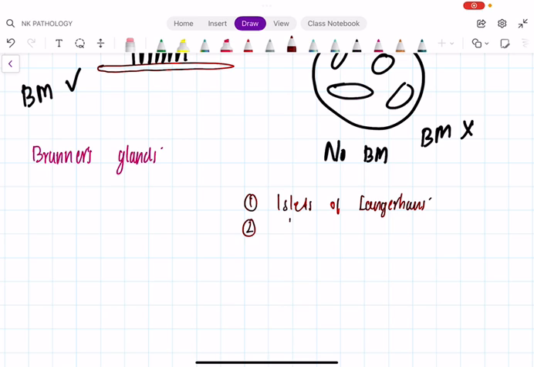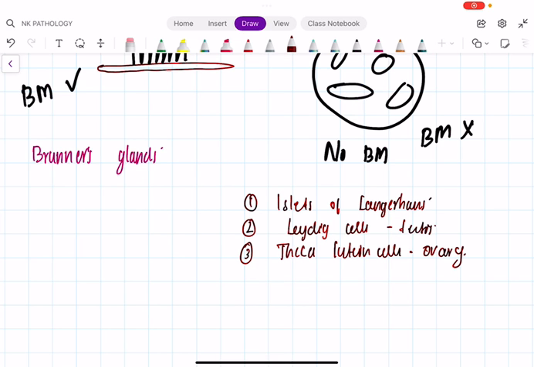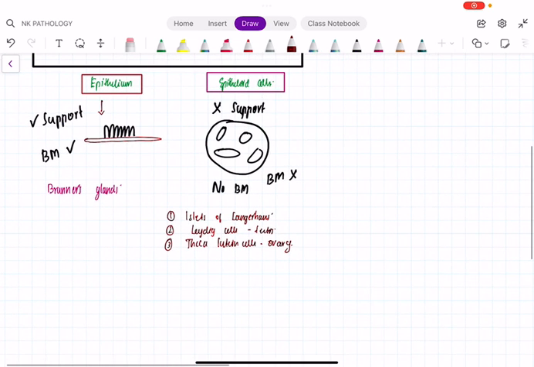Number two, Leydig cells present in testis. And number three, corresponding to Leydig cells, we have theca lutein cells present in ovary. Fine? So that is the difference between epithelium and epithelioid cell.